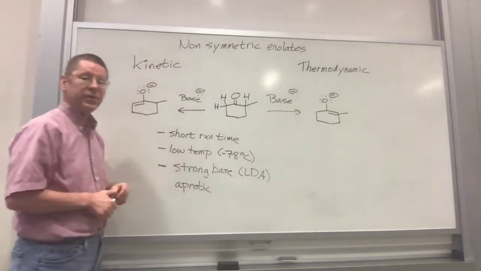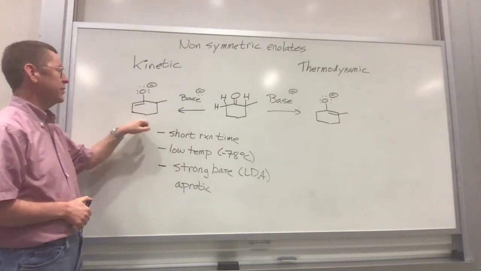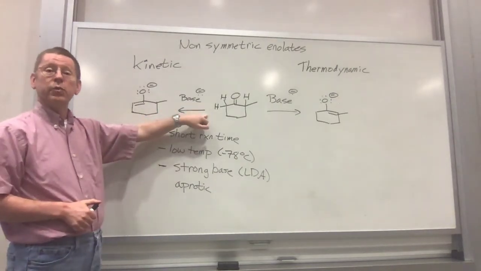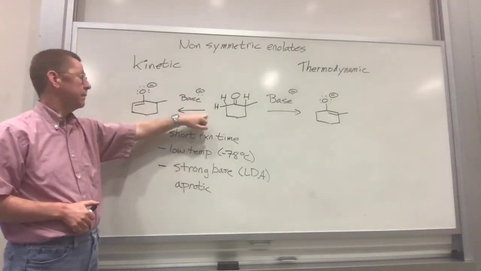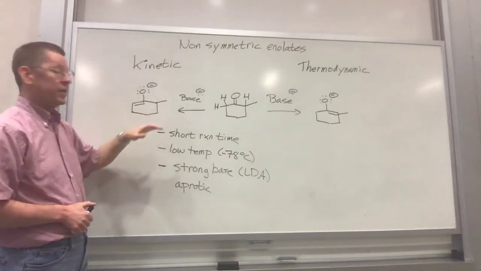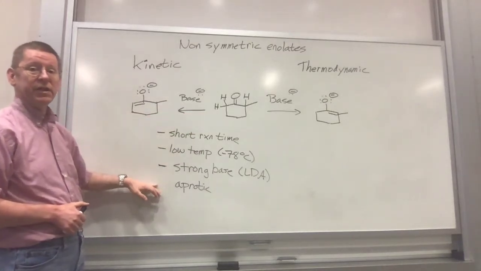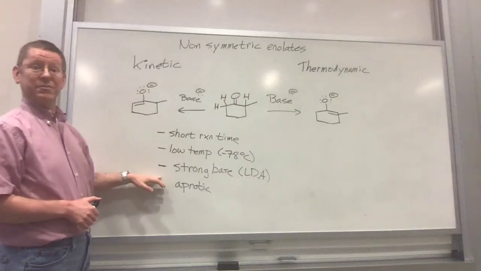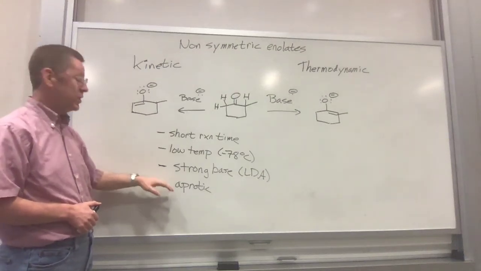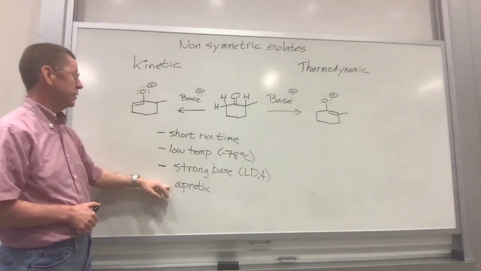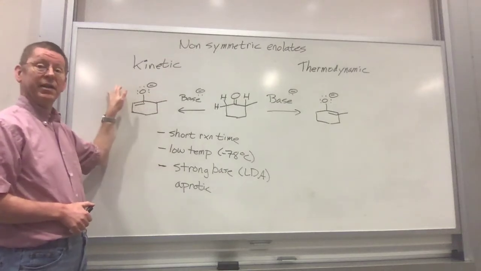We do not want there to be a proton source left over such that it can equilibrate back and forth. So there better not be any alcohols in here, certainly no carboxylic acids, no proton source. That will give us our kinetic enolate.